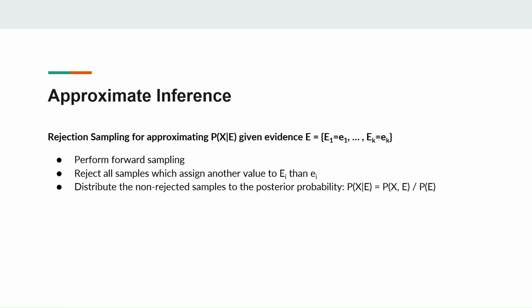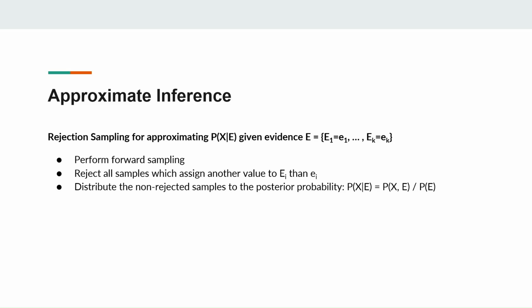There are two ways of taking this into account. The first way is to just reject all the samples that are not in line with our evidence. Simple, easy, very inefficient, because say for example your evidence only happens with probability 0.02%. So it happens very, very rarely.